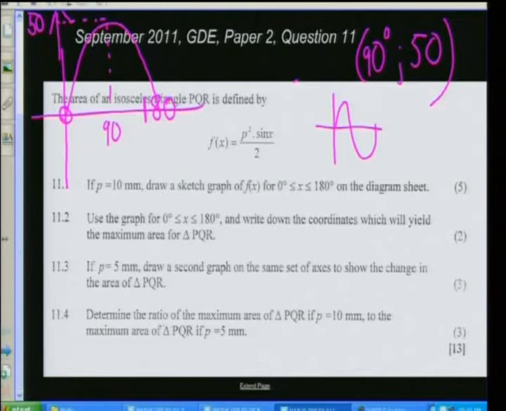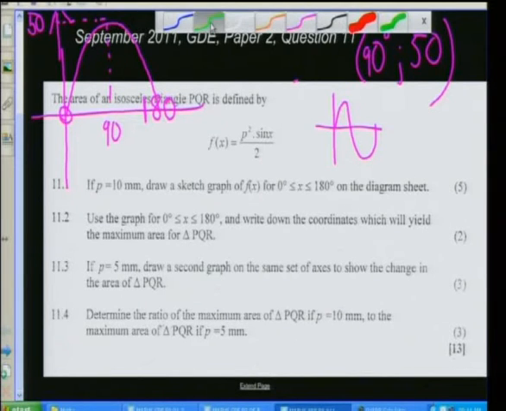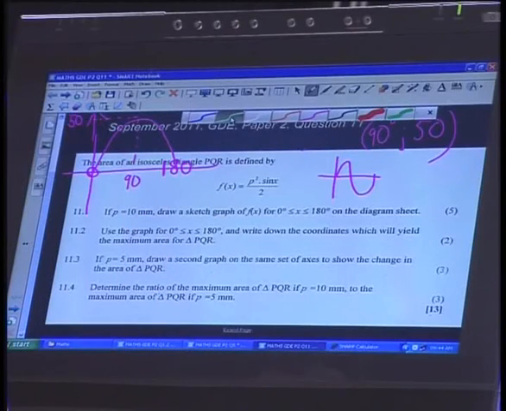Right. Now, let's have a look at 11.3. If P is now 5 millimeters instead of 10, draw a second graph on the same set of axes and show the change in area. So what are we going to do now, Precious? We're going to substitute 5 in. You are absolutely right. And when I substitute 5 into there, I get 5 squared, right, which is?